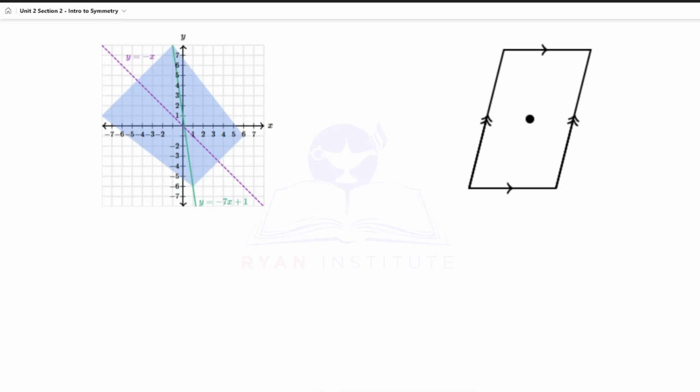In today's video, we are going to be going through Intro to Symmetry. So I have two cases of symmetry here. I have reflective symmetry, and I have rotational.